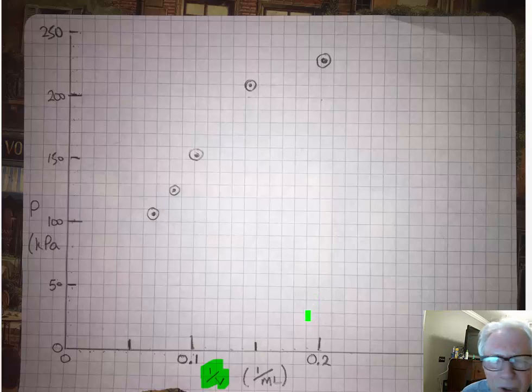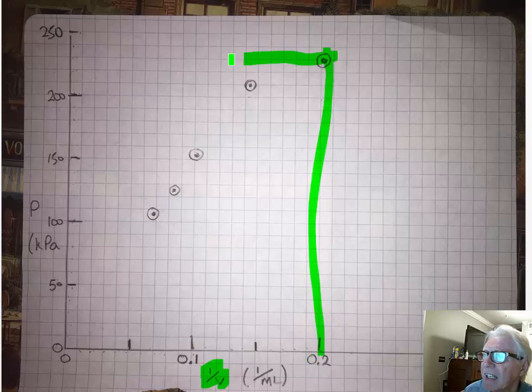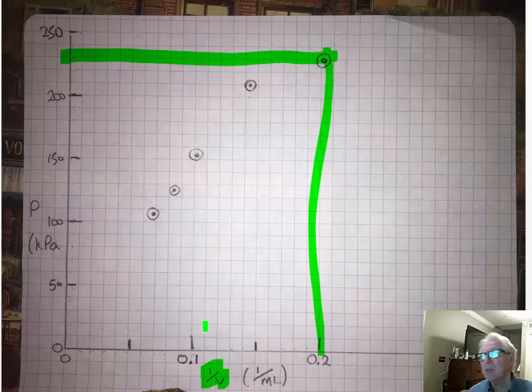My lab partner got a bit carried away. 1 over 5 gives me 0.2, so that's that point. I knew we couldn't go any tighter than 5 milliliters, so that's going to be the top right hand extreme for the graph. From then on, everything's safe and everything's going to fit on.